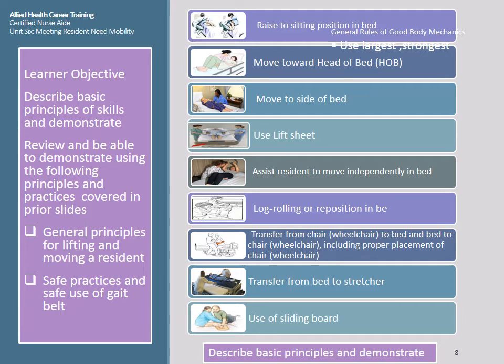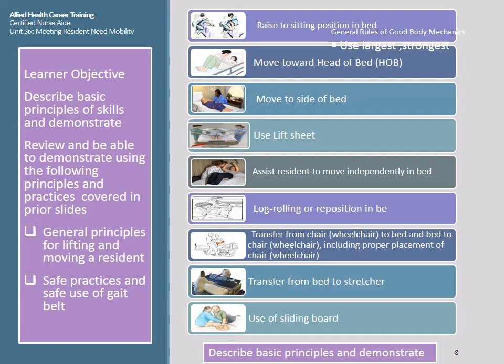When we do our skills, we're going to review and demonstrate some of the principles that are covered in the prior slides. These are general practices for lifting and moving a resident. Also, safe practice when we use a gait belt or a transfer belt. As you can see on this slide, these will be some of the things that we are going to practice when you come to skills.